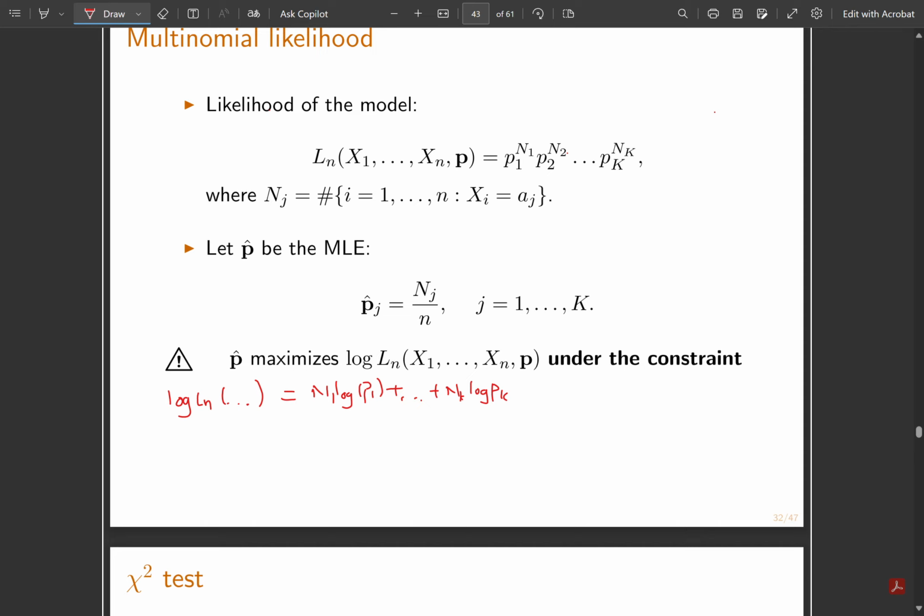Now, to get the maximum log likelihood, not just the log likelihood, what's the next step we should do? Just think about it.